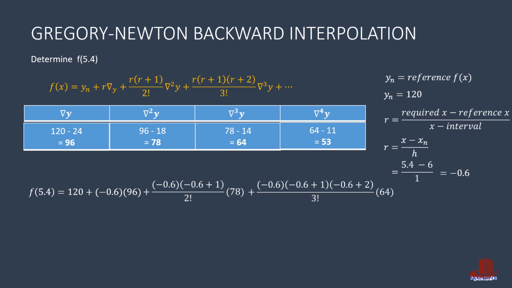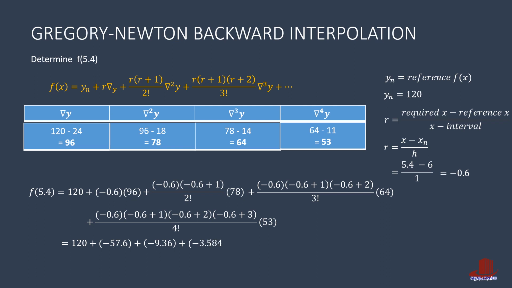The next term has negative 0.6 times negative 0.6 plus 1, then negative 0.6 plus 2 over 3 factorial with 64. Then the last term has negative 0.6 times negative 0.6 plus 1 with negative 0.6 plus 2, then negative 0.6 plus 3 over 4 factorial times 53.